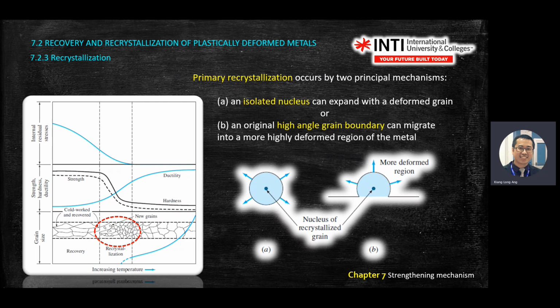So A is isolated nucleus. So you have a nucleus of recrystallized grain, and it will grow from the grain itself, more grain from the grain itself.